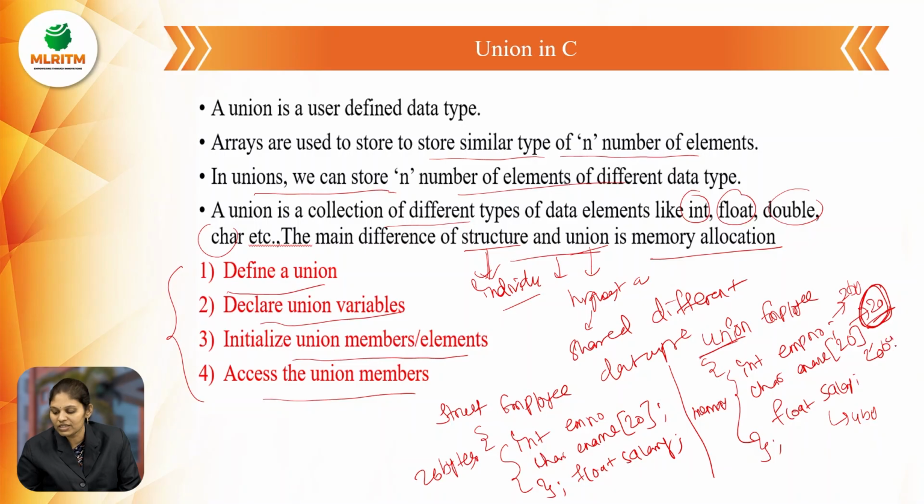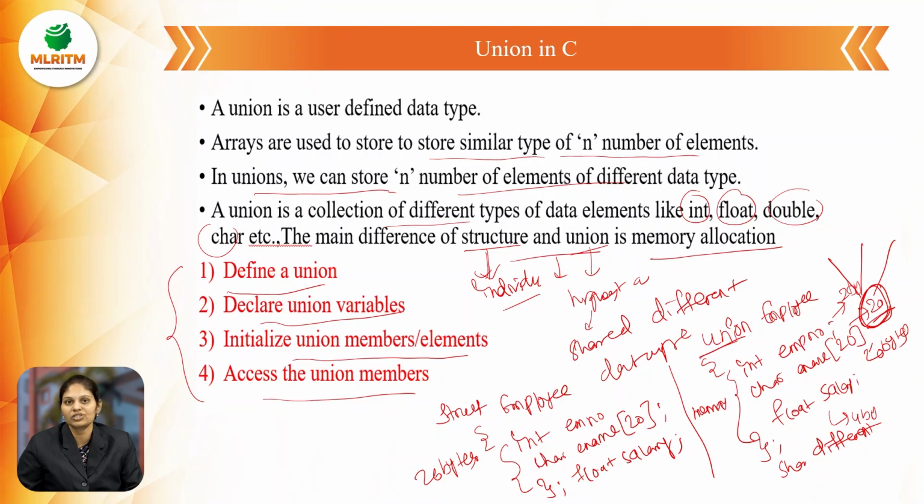The 20 bytes of data can be shared among the different data types, and that is called a union.